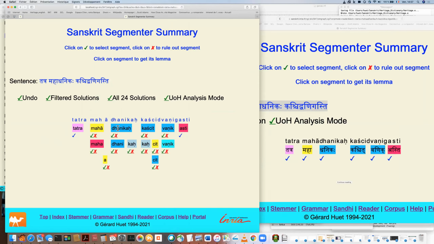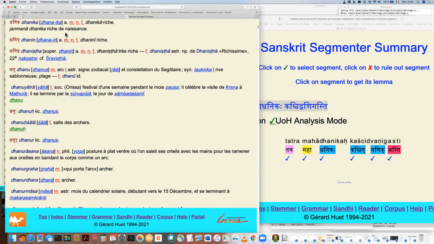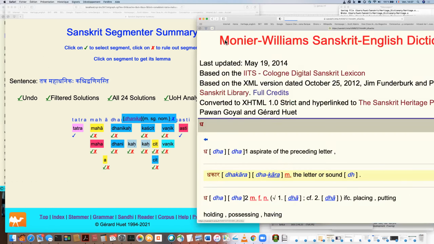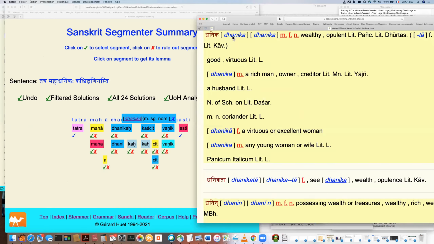Mahadanika. Oh, here this is a compound. Danik, it's rich. Here, if you ask for Danika, you'll get it in the English one. Yes, wealthy, opulent.